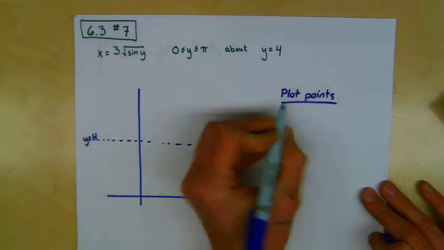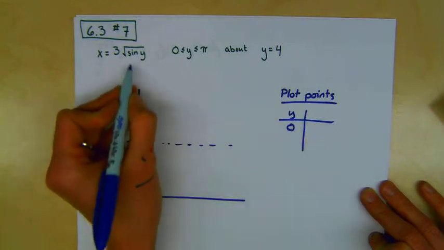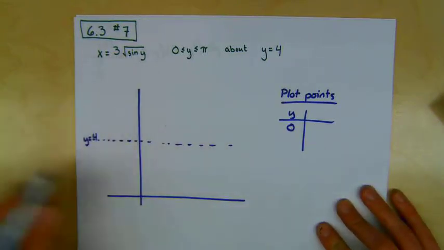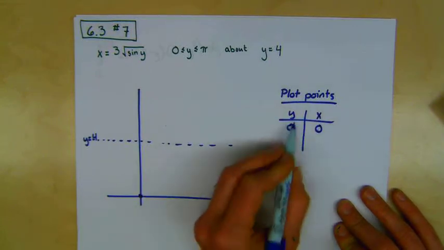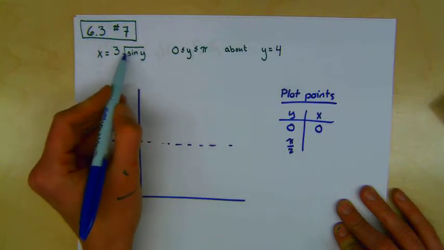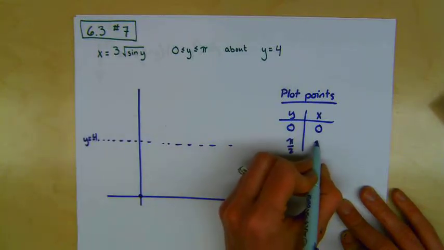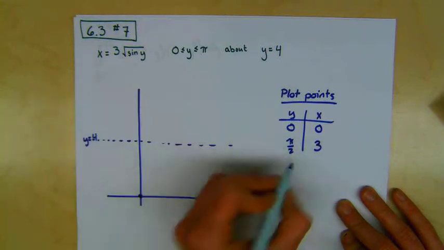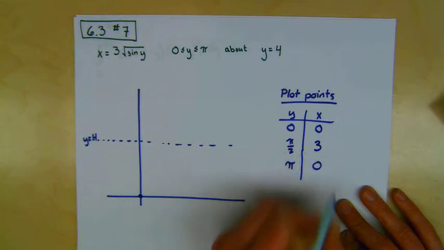In this case, because y is our input value, if I plug in a value of 0, I get sine of 0, which is 0, and I end up down here at 0. If I get a y value of pi over 2, sine of pi over 2 is 1, so this gets an output of 3. And then as I have a y value of pi again, this will go back down to 0 again.